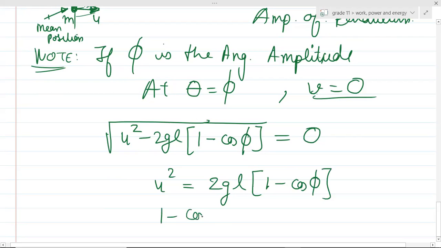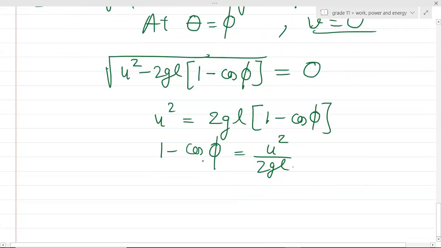So 1 minus cos phi is equal to u square by 2gl. And can you see from here, cos phi will be equal to 1 minus u square by 2gl.